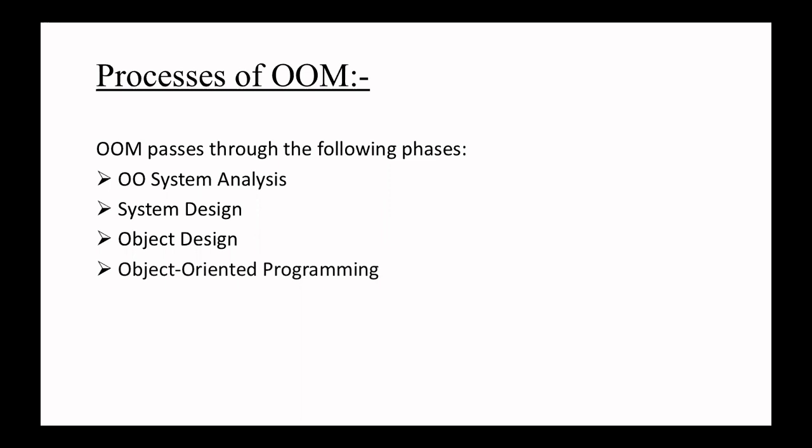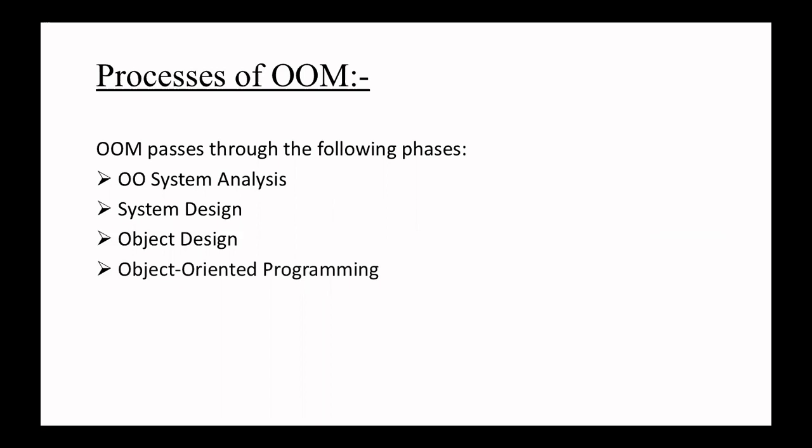And second, system design. And third, object design. And fourth, object oriented programming. These four phases are what object-oriented modeling passes through to create a model for a particular system.